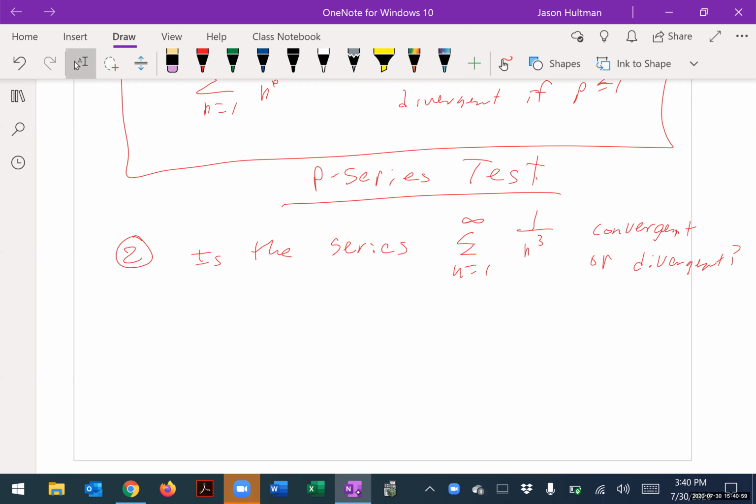So p is equal to 3, which is greater than 1. So by the p-series test, it is convergent.